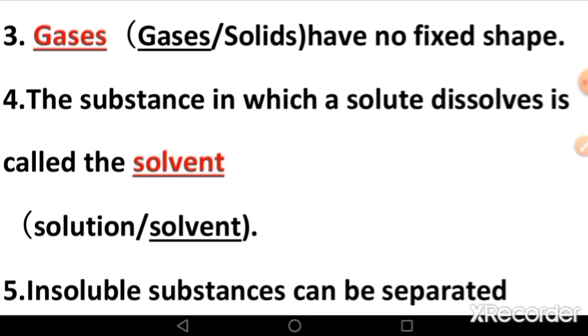Another option is solution. Solution is formed when two or more substances like salt and water or sugar and milk mix together, then solution is formed. So answer is solvent.